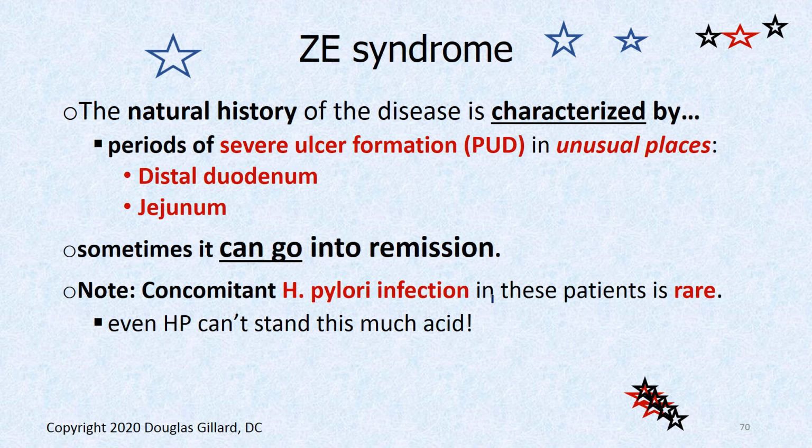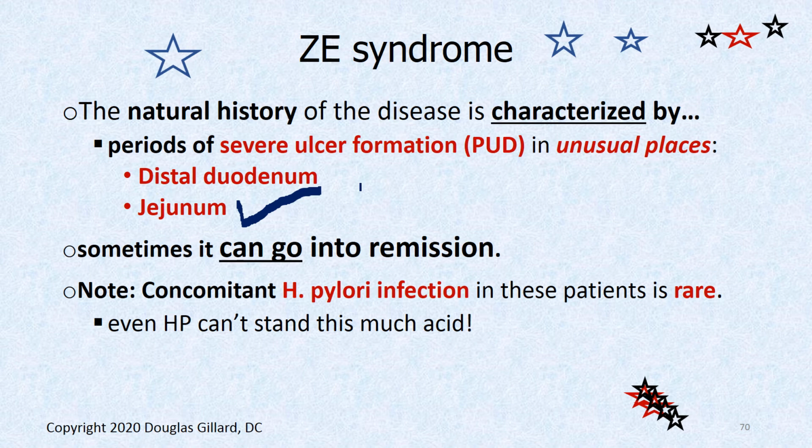So what are some of the signs of this? Doing an endoscopic eval or a camera eval and you find ulcers in the jejunum, that's almost unheard of. So that's a sign of ZE syndrome. Or in the late distal duodenum, you usually don't have ulcers there. In normal run-of-the-mill acid-induced PUD, you get ulcers in that very proximal part of the duodenum, part 1.